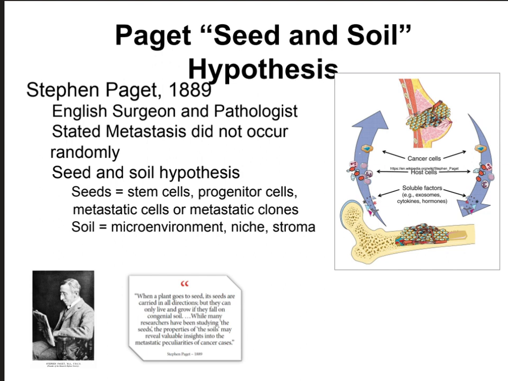So thinking about that, it's like thinking about having a seed. If you had plant seeds and you were going to spread them along the ground, and you spread them into rich, nutrient-rich, moist soil, then they have a greater chance of growing.